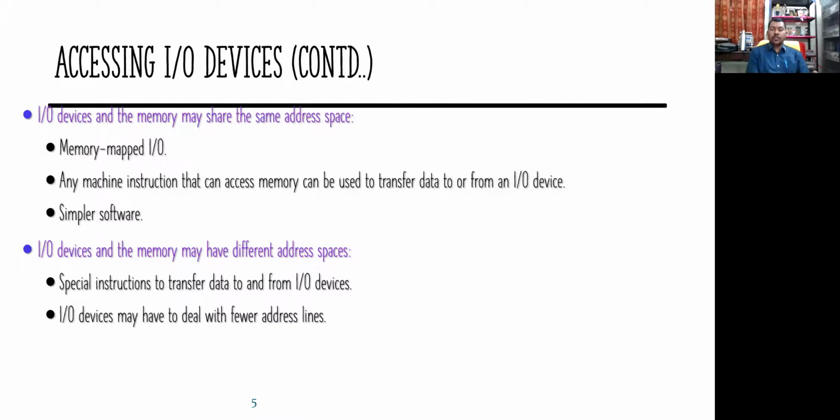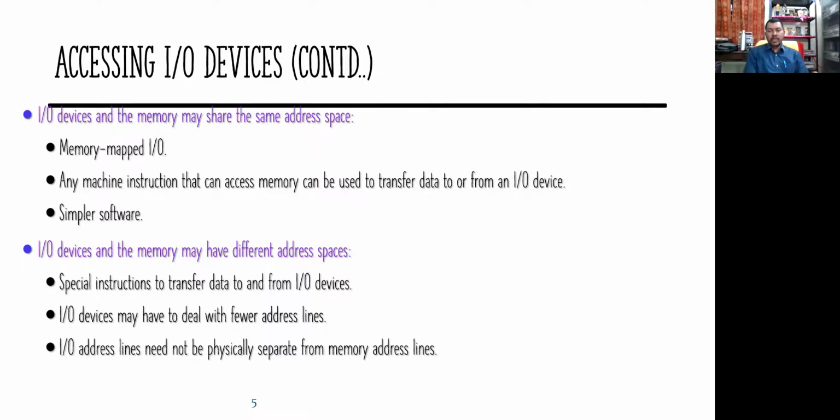Input output devices may have to deal with fewer address lines. The address lines generally used in the microprocessor can be shared, and some of the lines can be shared by the input output devices. Input output address lines need not be physically separate from memory address lines, so there is no requirement of having different address lines.